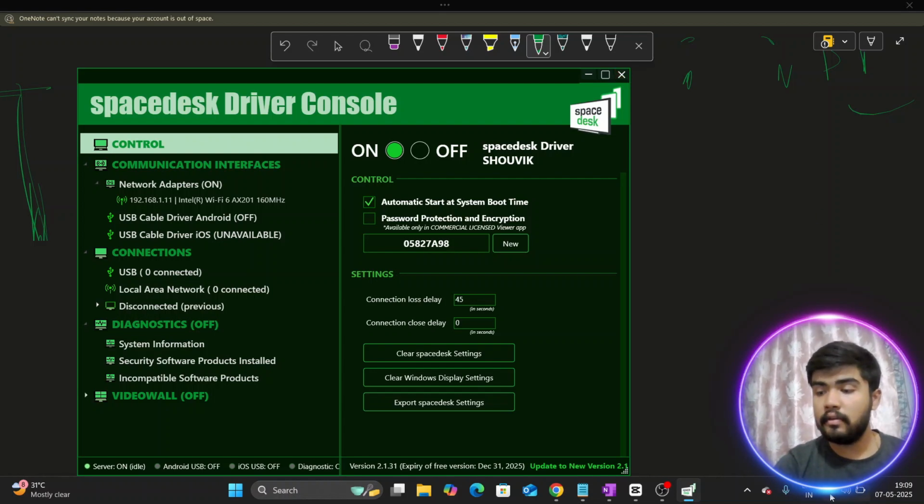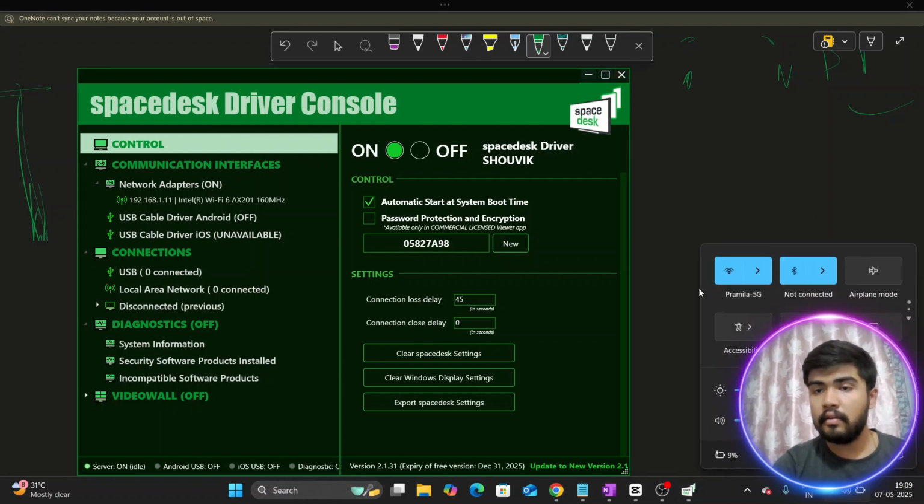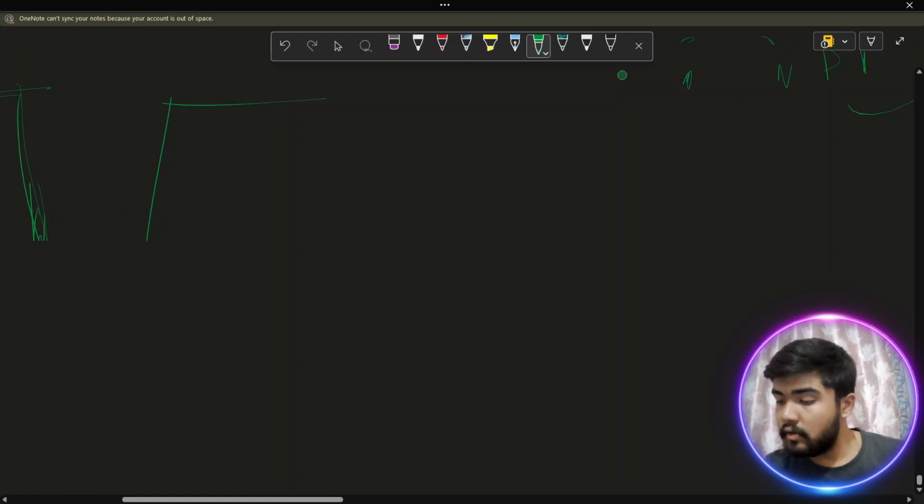This one is another 5G only. Yes, it started working.